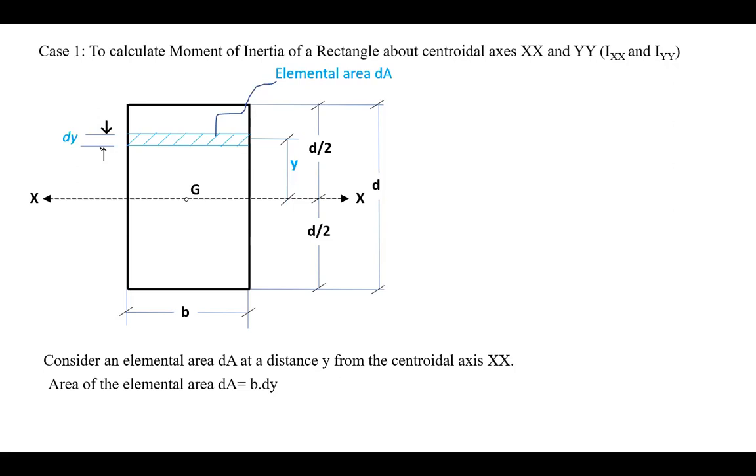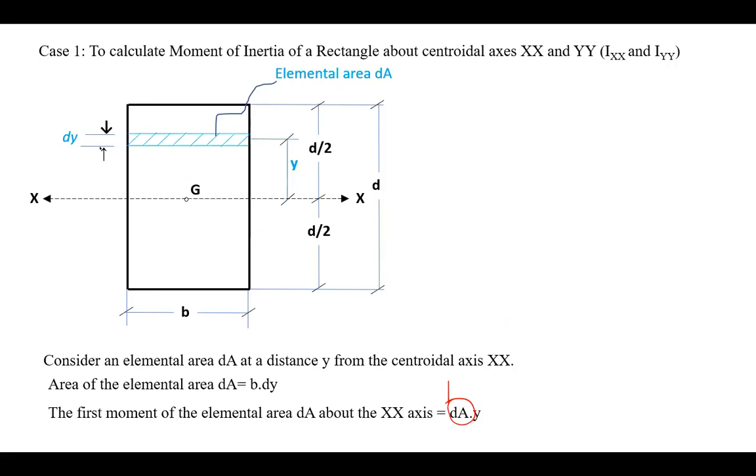From the first principle, the first moment of area of that small elemental area about the x-axis will be dA into the distance. Because this thickness is very small, the distance can be considered as y. Therefore dA into y is the first moment of area.